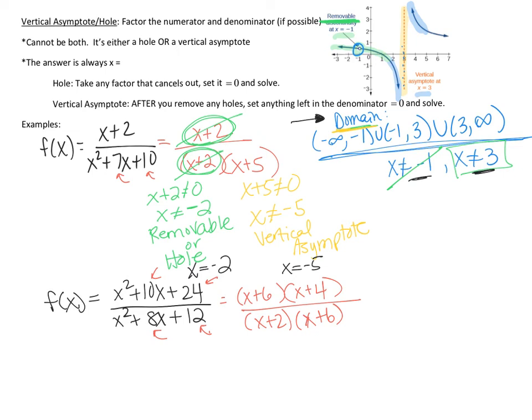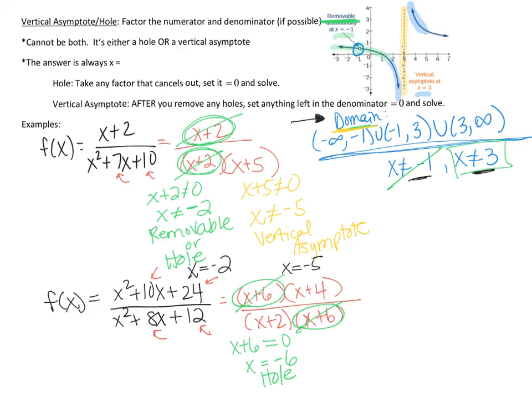So now, after we factor the numerator and the denominator, I'm going to see if there's anything that I can remove. Well, yes, I can remove that common factor, x plus 6. So x plus 6 gets removed. That means x equal negative 6 is going to be a hole or a removable discontinuity. Then whatever's left in the domain.